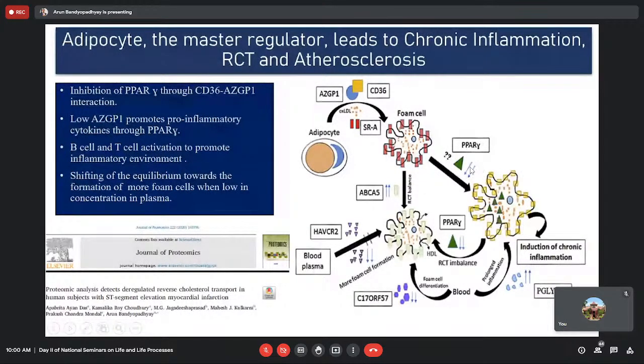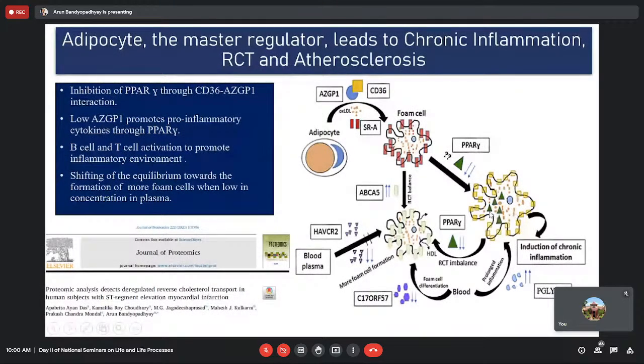But when PPAR gamma is downregulated, the foam cells are converted into inflamed foam cells because of the induction of chronic inflammation. At that time PGLYRP2 is upregulated, which is found upregulated in the blood of heart attack samples, and then it remains in the inflammatory stage, which is not good.